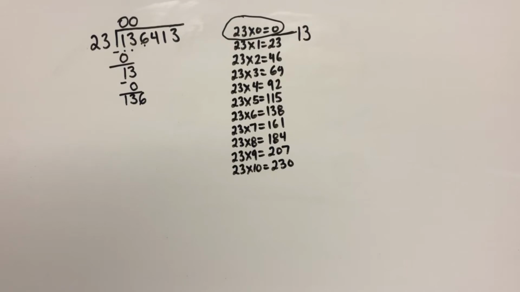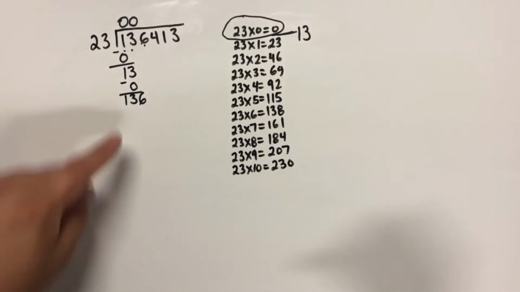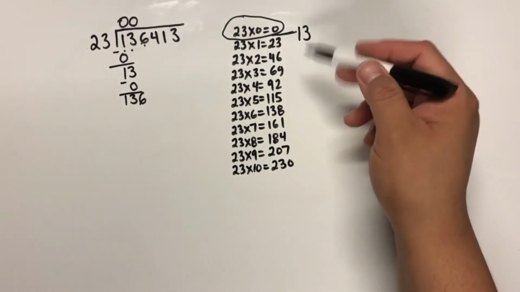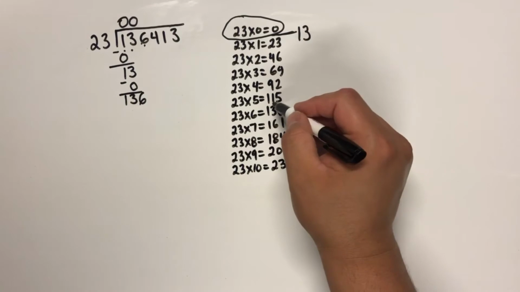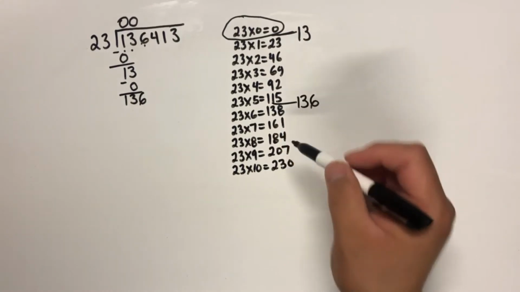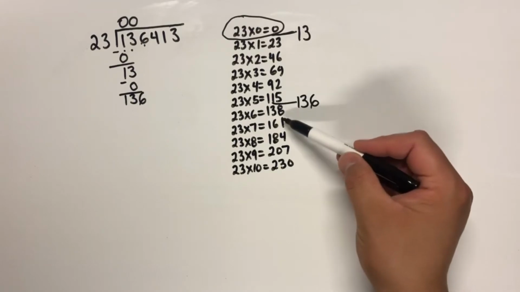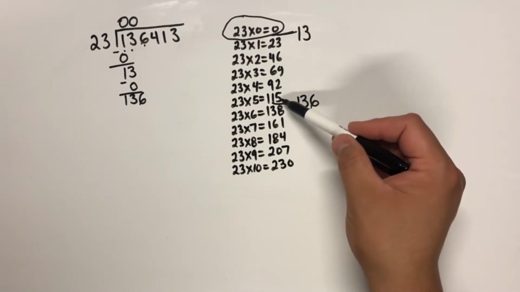And I'm going to repeat what I've been doing. I'm going to squeeze the number 136 in between two numbers in the multiplication table. I can see the number 136 is right here. It's in between the number 115 and 138. And between those two numbers, the smallest one is 115.